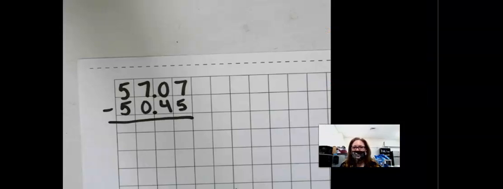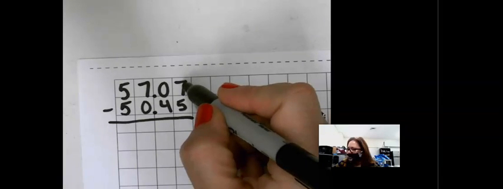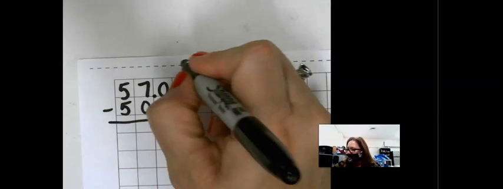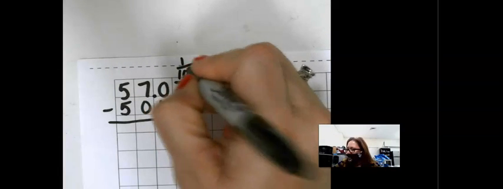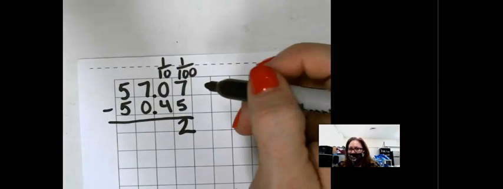We can also use the standard algorithm. So 7 hundredths minus 5 hundredths gives us 2 hundredths. All right. Okay, 0, we cannot take 4 tenths out of 0 tenths. So we have to borrow from the ones.